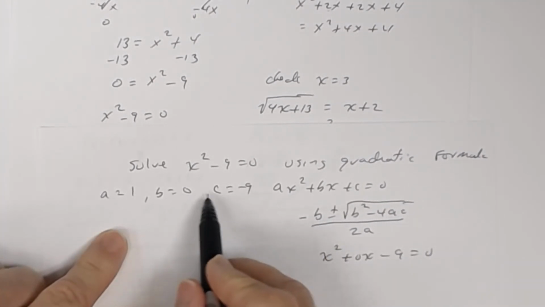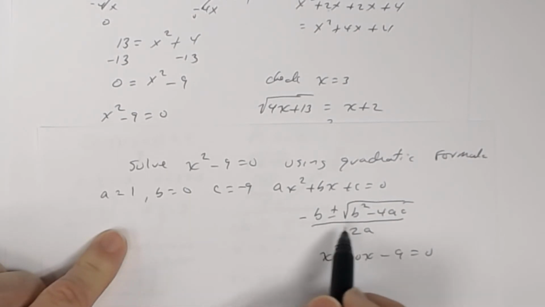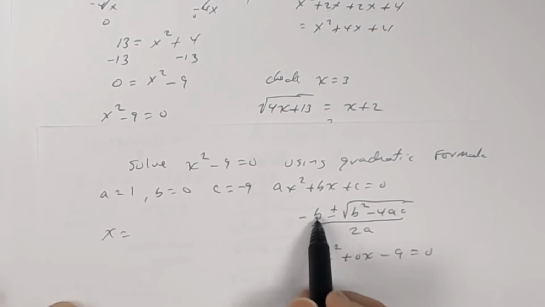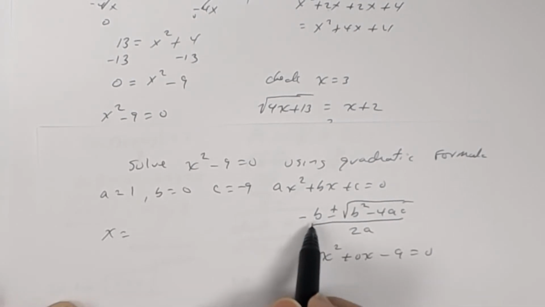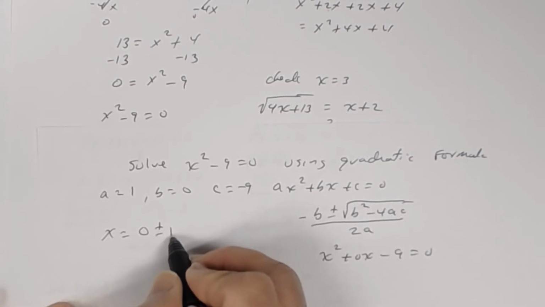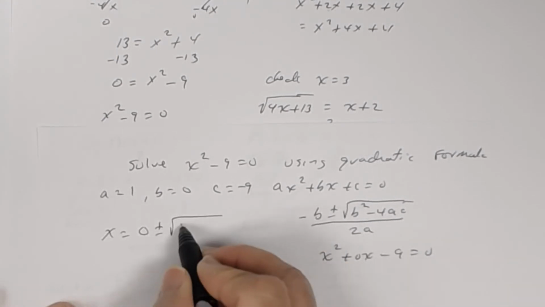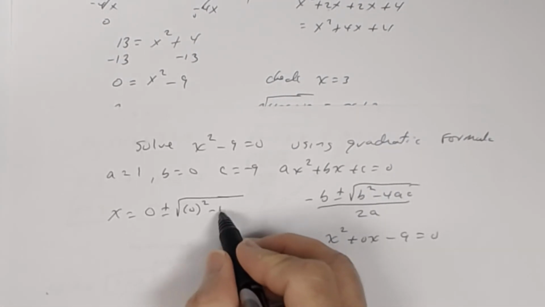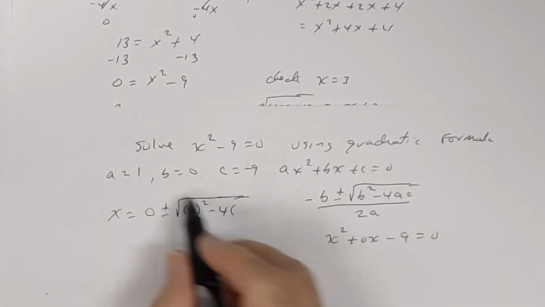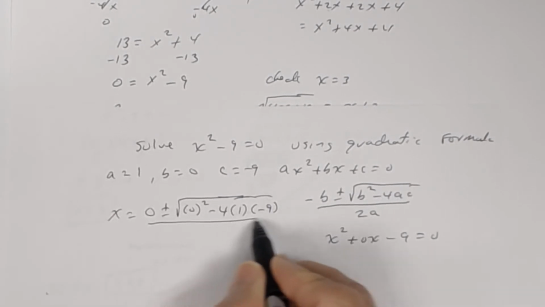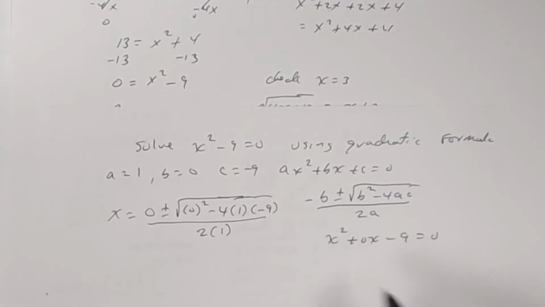So I'm going to substitute these values of a, b, and c into the formula. So I get x equals, and remember this says the opposite of b, so b is 0, so the opposite of 0 is still 0. Plus or minus the square root of b, which is 0 squared, so notice I put that in parentheses, squared, minus 4 times a, which is 1, times c, which is negative 9, all divided by 2 times a.